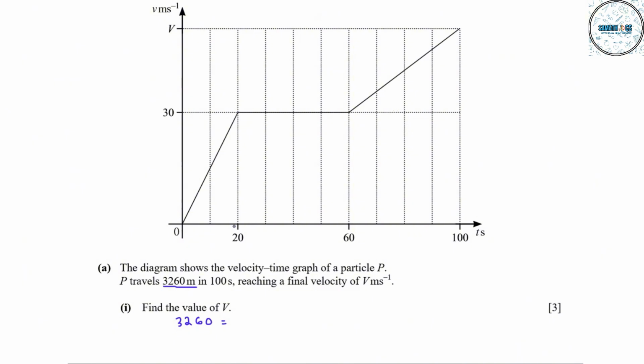For the area of this triangle, we have half into, from here till here 20, and from here till here it is 30. So 1 upon 2 multiplied by 20 into 30 plus area of this rectangle.